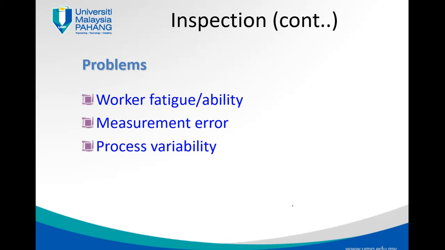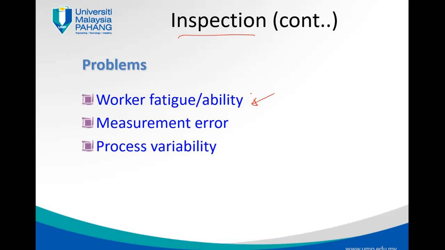But the problem for inspection here is worker fatigue or the ability of the worker. They cannot inspect every single item of the produced product, especially when it involves mass production in large quantities.